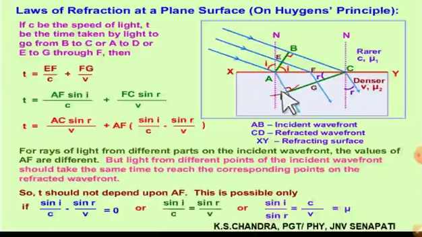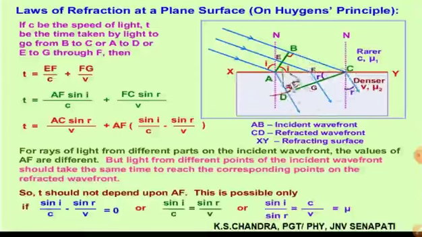Unlike reflection, where the incident ray as well as the reflected ray were in air, here the incident ray is in the rarer medium, but the refracted ray is in the denser medium. In the rarer medium, light should travel faster. In the denser medium, light should travel slow. Got it? So the distance traveled by the light in the denser medium will be less than the distance traveled by the light in the rarer medium, right? So AD will be less than BC.